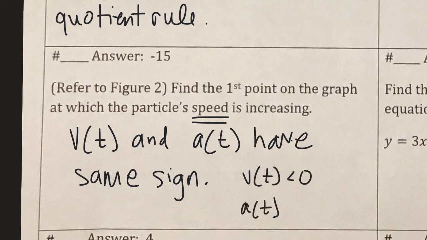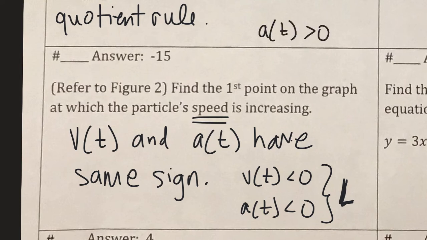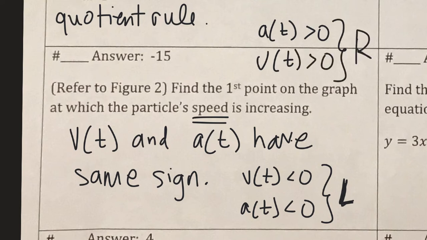acceleration is negative. This is acceleration in the left direction, right? Because when velocity is less than 0, it's going left. And if your velocity and your acceleration are both positive, that is acceleration to the right, speeding up in the right direction. So if velocity is positive, then we're speeding up to the right, and if velocity is negative, we are speeding up to the left.